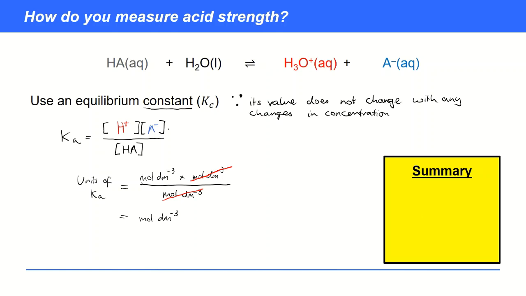And that will mean the top factor, the numerator of this Ka expression, will be large compared to the denominator. So in other words, you're going to have a big number divided by a small number. That's going to be a large Ka value. So Ka increases with acid strength.